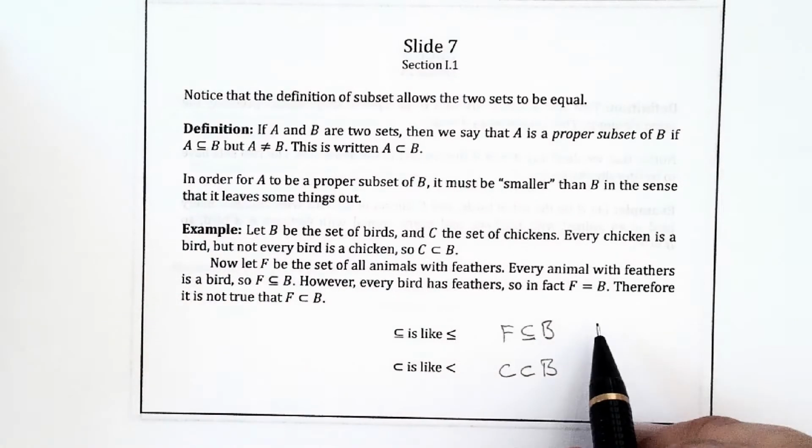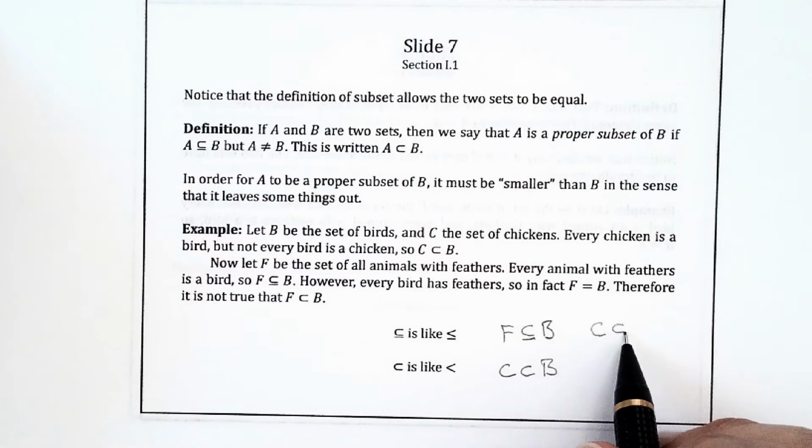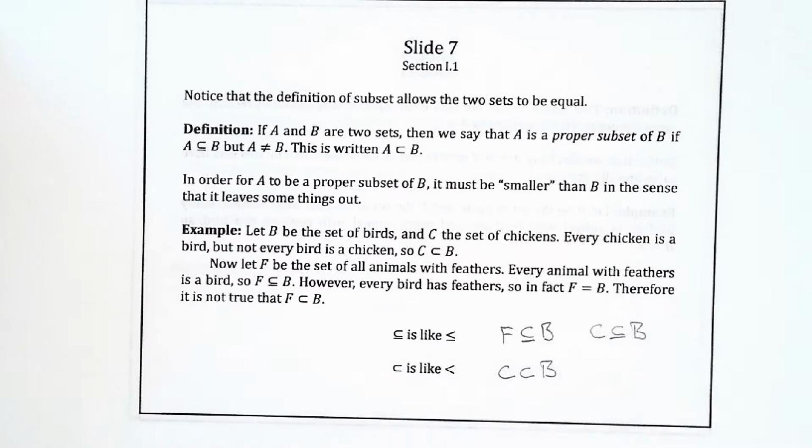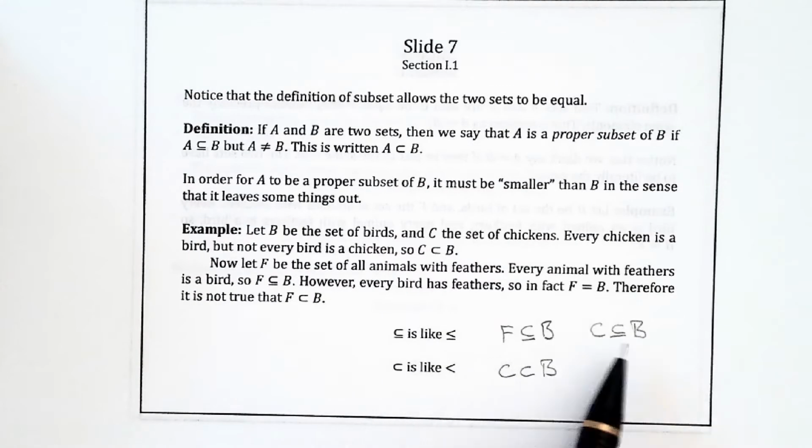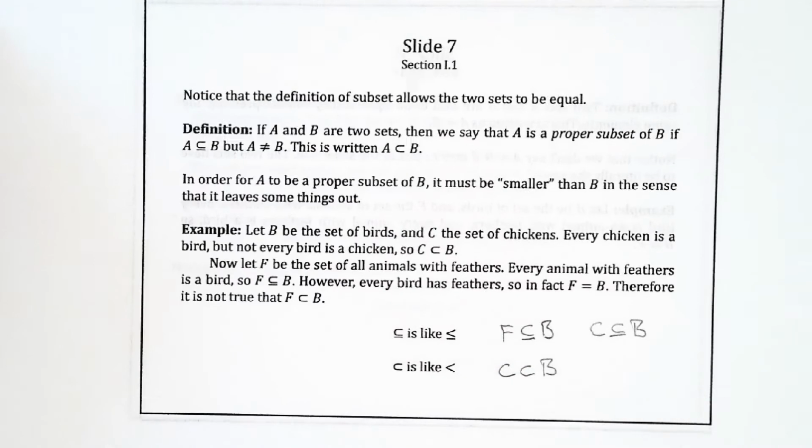But it's also true to say that C is a subset of B. So these are all true statements. The one that would not be true is to say that F is a proper subset of B. That's the one that would be false.